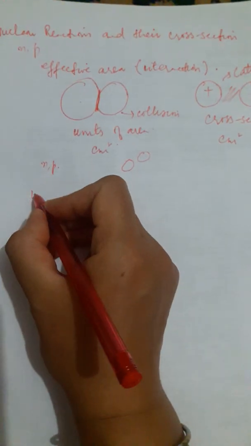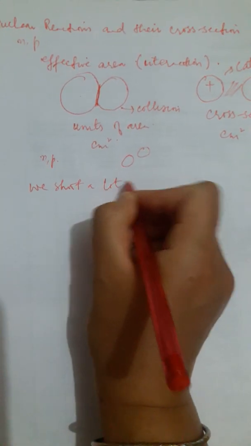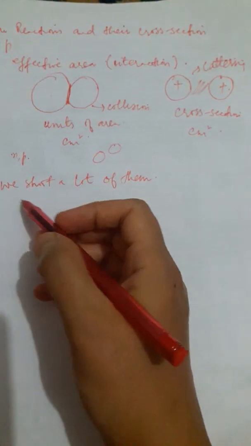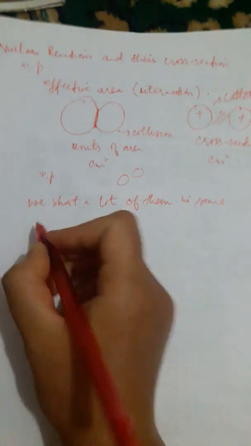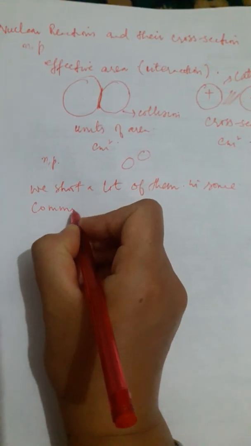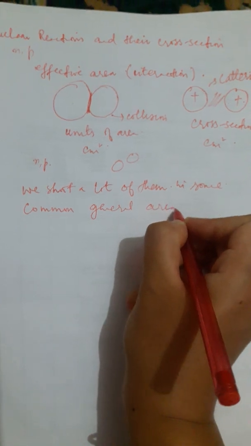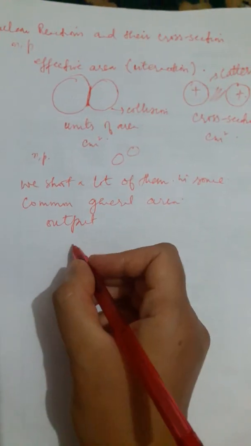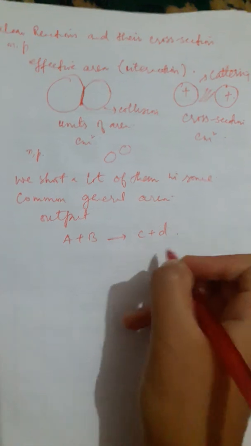We say that we shoot a lot of them, by them I mean the elementary particles, the nuclear particles. We shoot a lot of them in some common general area, and then we see what is the output. For example, there is an incident particle A plus B, they interact, they scatter, they collide, they give some resultant particle C plus D, right?